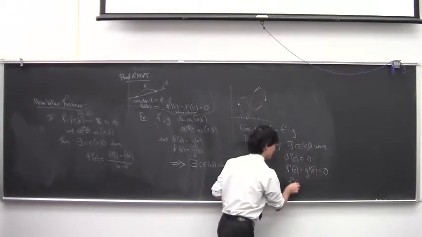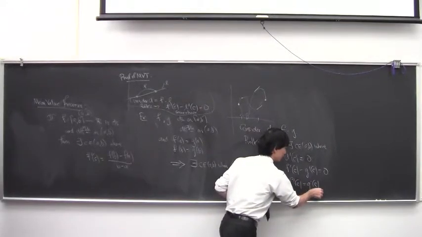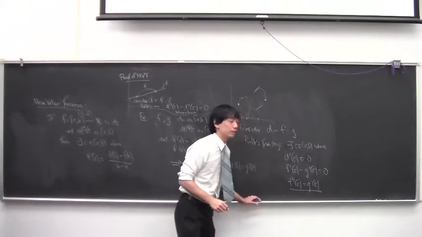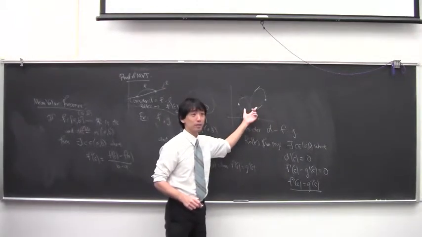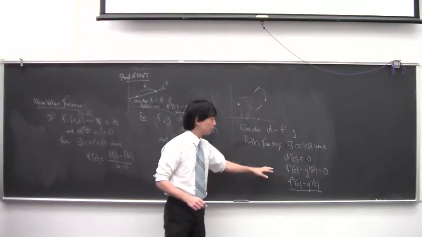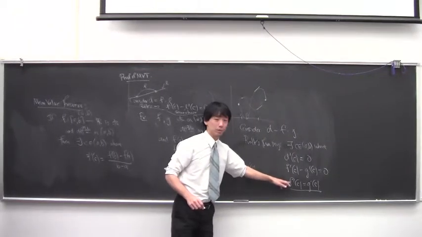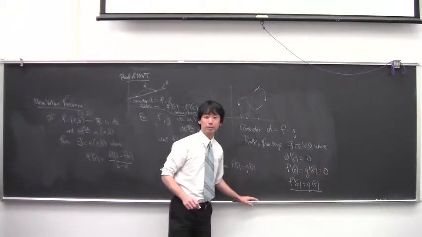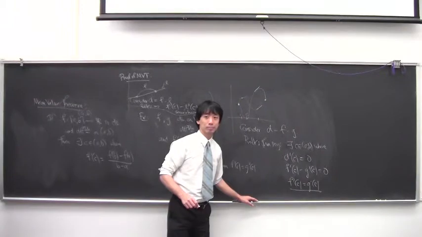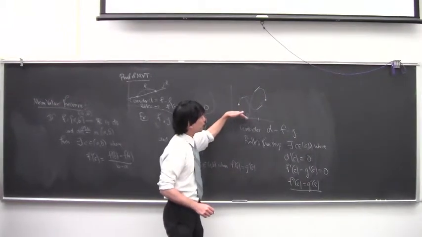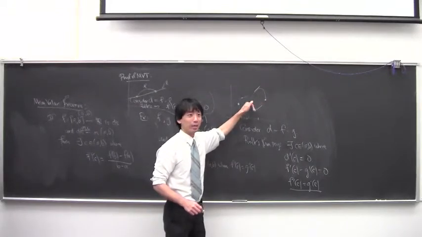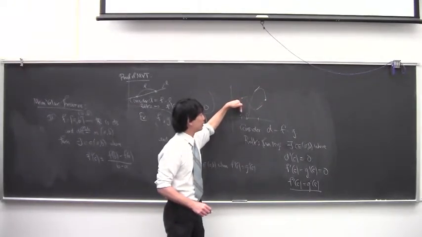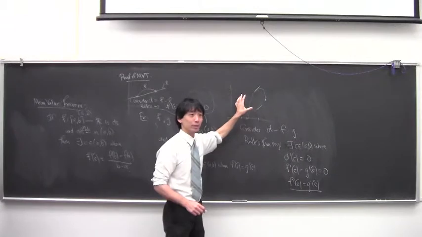In other words, f prime of c equals g prime of c. So just apply Rolle's theorem to the difference again in this case, and Rolle's theorem tells you this point where the slopes are equal. Where the second guy is not a line this time, but just anybody. Anybody that is continuous on the closed interval and differentiable on the interior.